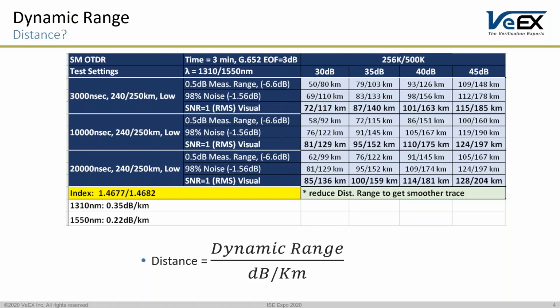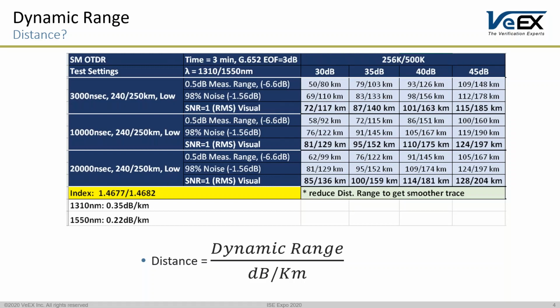But still, a lot of people ask, so how long can the OTDR shoot? Using a typical loss, in this case, 0.35 dB per kilometer for 1310 and 0.22 dB per kilometer for 1550, I've got a table here that our PLM team provided to show dynamic range of 30 dB, 35 dB, 40 dB, and 45 dB.